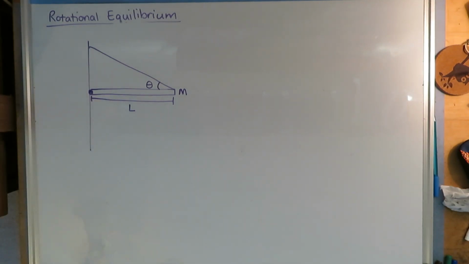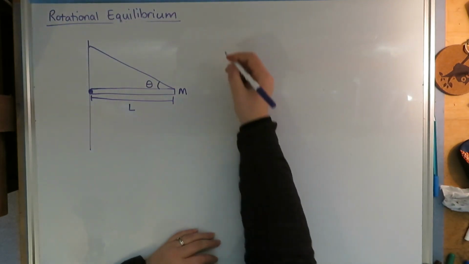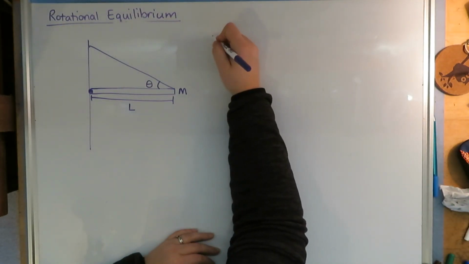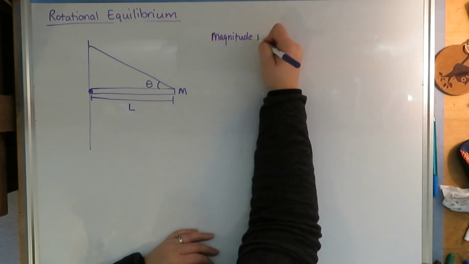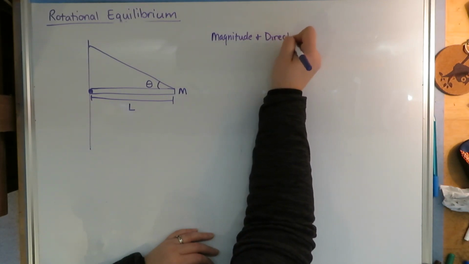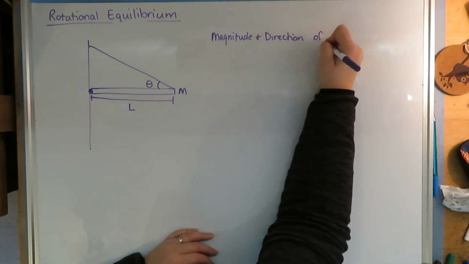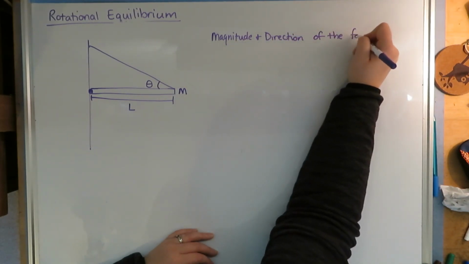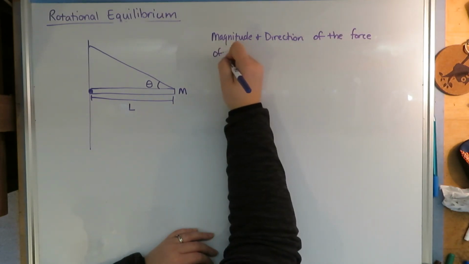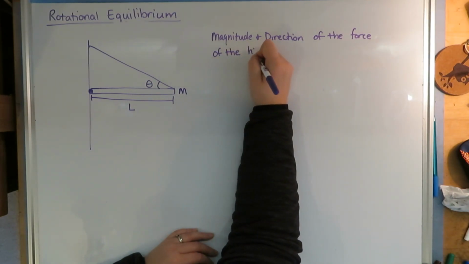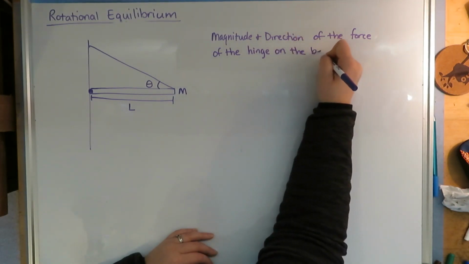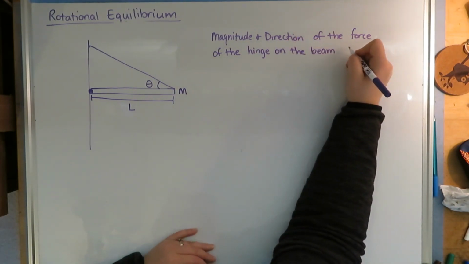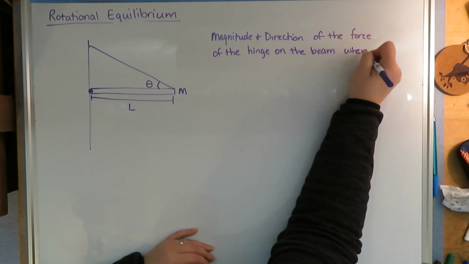So what I'm looking for here is the value of the magnitude and direction of the force of the hinge on the beam when in equilibrium.